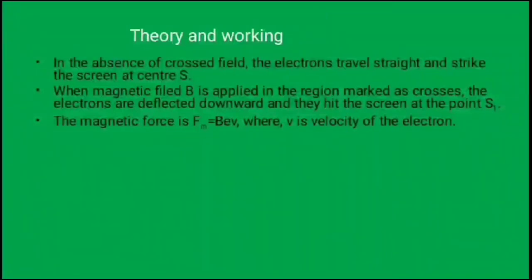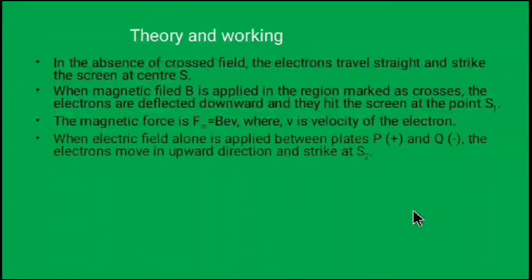The direction of the Lorentz force can be obtained by using Fleming's left hand rule. Here we find that the magnetic field is directed downward and the beam of electrons is moving from left to right. So using Fleming's left hand rule, we can find the direction of the Lorentz force is downward. Now if an electric field is applied between the plates P and Q, then the electron moves in the upward direction and strikes at S2.